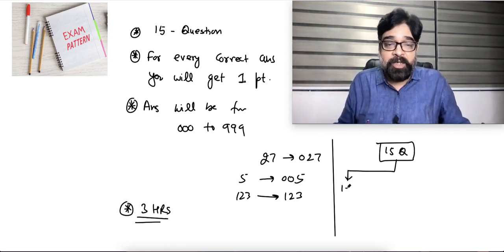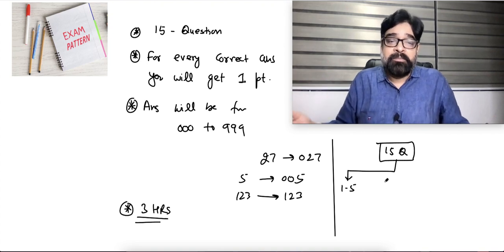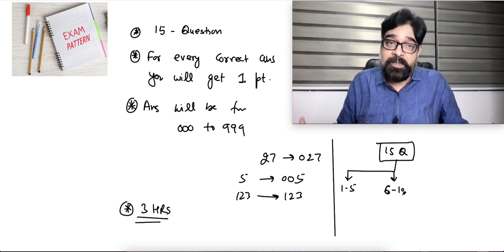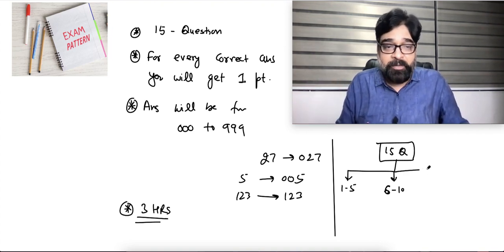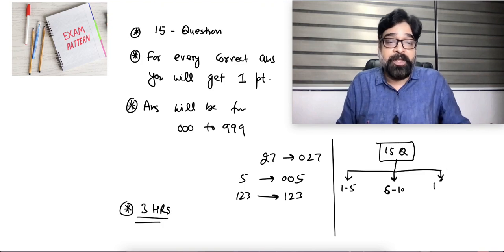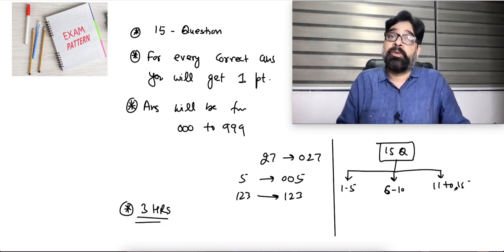You will see that 1 to 5 will be easier, 6 to 10 will be medium, on the average side, and of course 11 to 15 will be on the higher side.